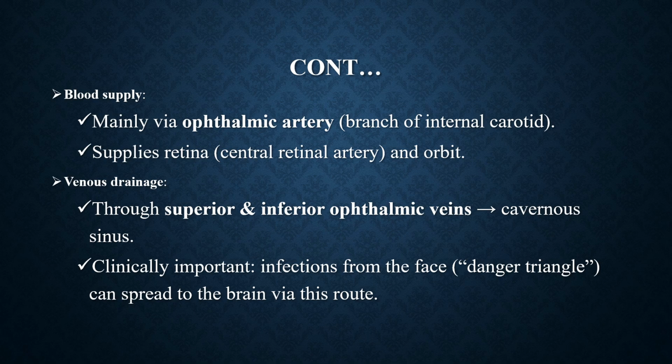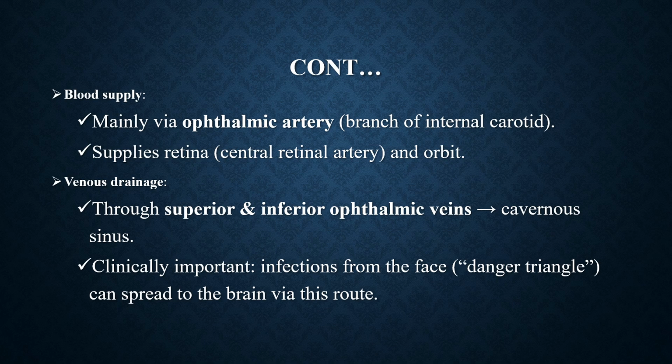Now the ophthalmic artery also branches to form the central retinal artery. So it's the first intraocular branch, which is the central retinal artery. Now the blood is drained via the superior and inferior ophthalmic veins into the cavernous sinus.